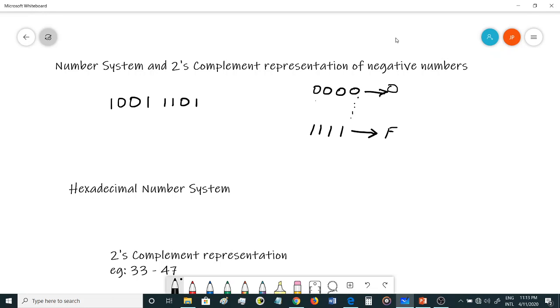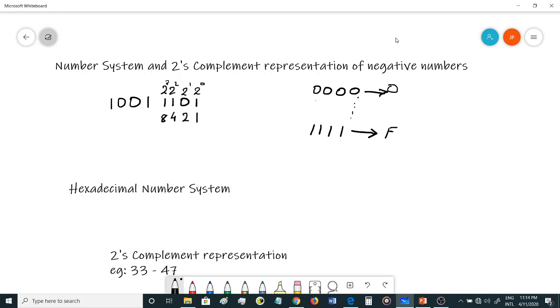This is 1001, 1001. Now, how to calculate the corresponding hexadecimal numbers? You just have to put 2 to the power 0, 2 to the power 1, 2 to the power 2, 2 to the power 3. Now, what is 2 to the power 3? 2 to the power 3 is 8, 2 to the power 2 is 4, 2 to the power 1 is 2, and 2 to the power 0 is 1.